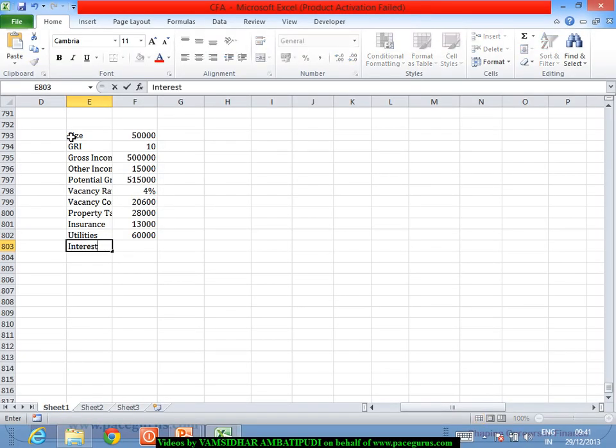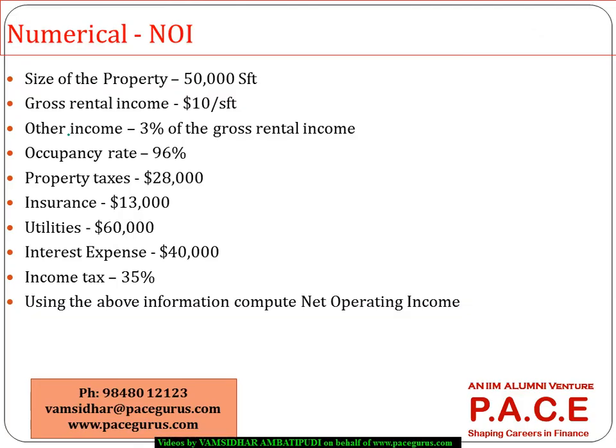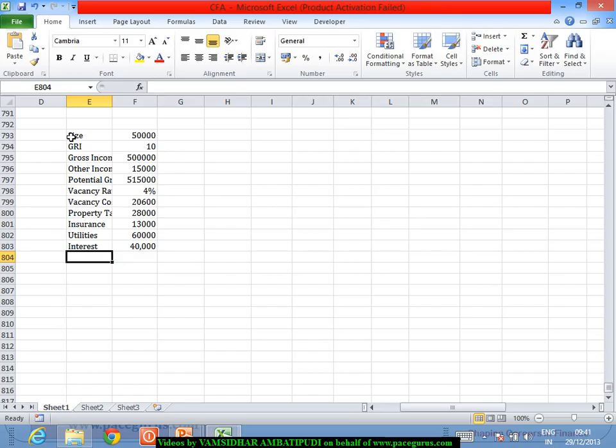As I said, interest need not be counted as a part of the net operating income, and even the income tax will not be used for net operating income. So while computing operating expenses, I will only look at the property taxes, insurance and utilities.